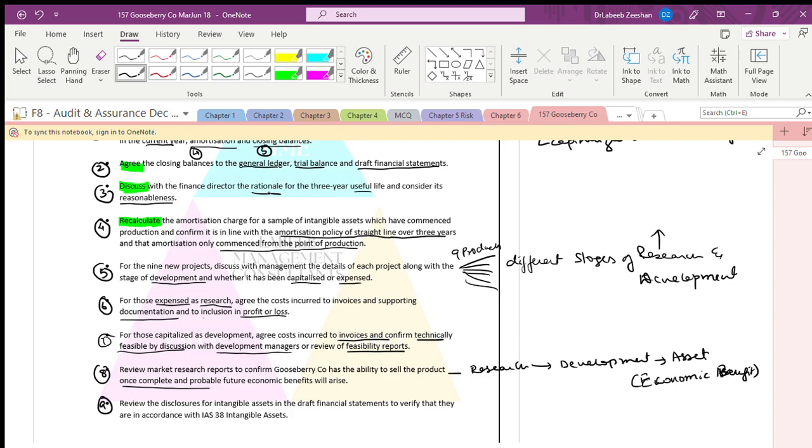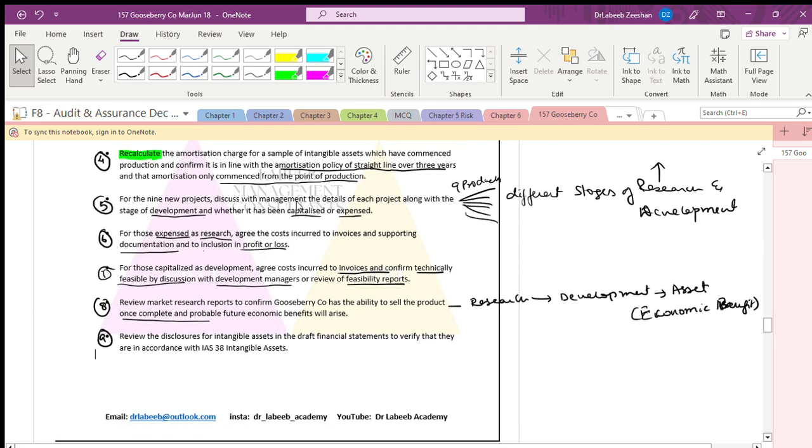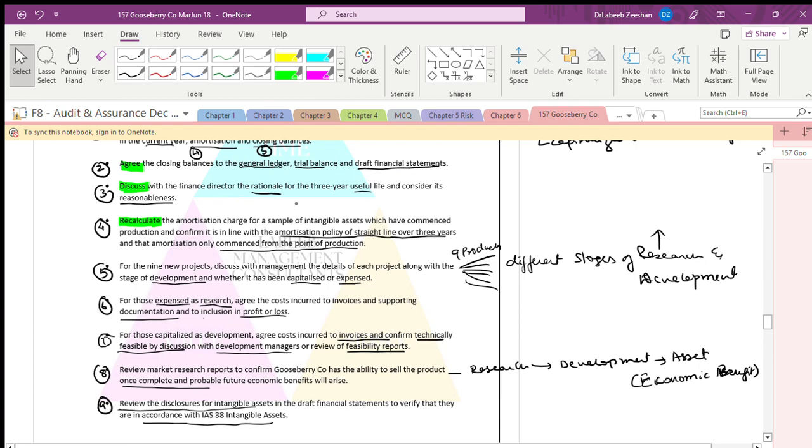And it says very clearly, lastly, review the disclosures, verify that we have done them as per IAS 38 on intangible assets. Fine. This is a simple way of putting it.